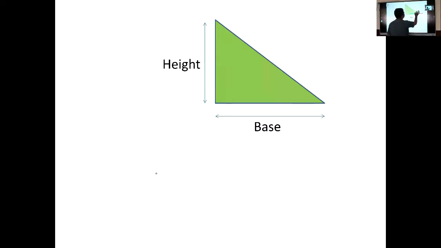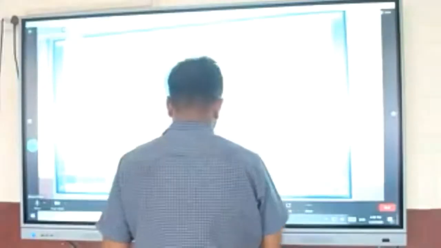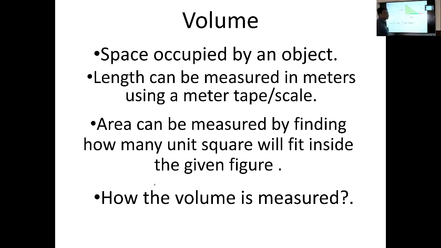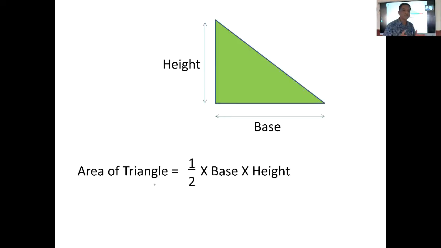If I complete this particular rectangle, then the area of this rectangle will be base into height. However, we have a triangle only, and the area of a triangle is given as half into height into base. So the area of a triangle is half height into base.